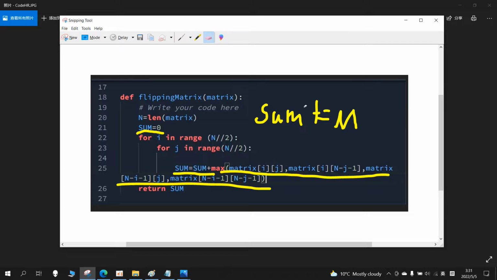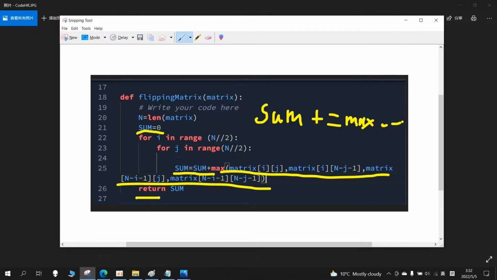Oh, sorry, it's hard to use the mouse to control, I need a pen. So sum plus equals max blah blah blah. Yeah, that would make the code more simplified.